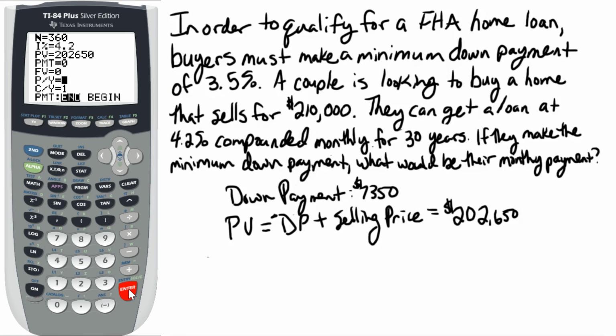And our payments and compounds are both monthly, and we weren't given any information otherwise, so we assume that it is an ordinary annuity where payments are made at the end. So now we'll just go back up and press alpha enter next to payment and see that this house will have payments of $990.99.